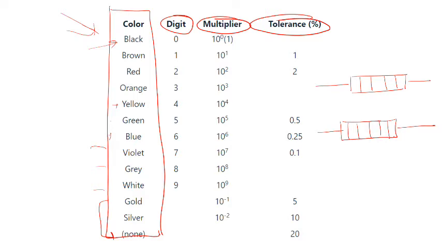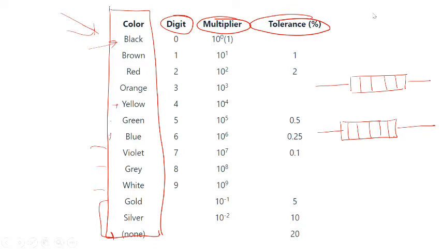There is also a carbon resistor which has 6 color bands, but the sixth band shows its temperature coefficient, and those are generally not used for laboratory purposes. Those are used for applications which require much more accuracy.